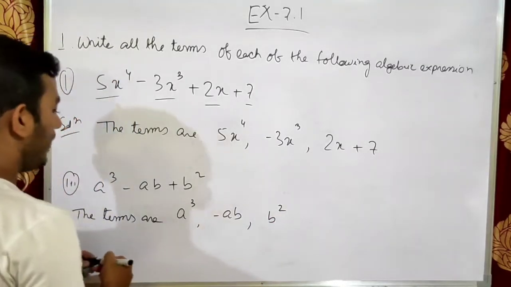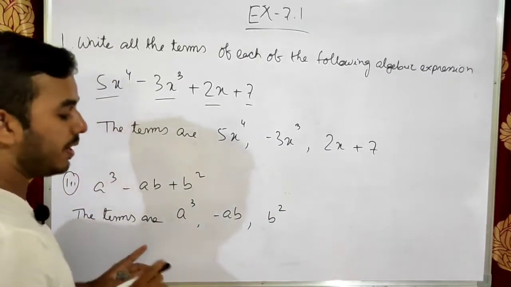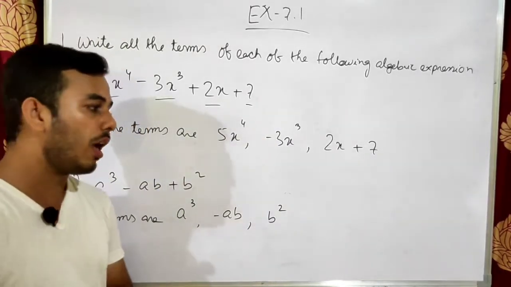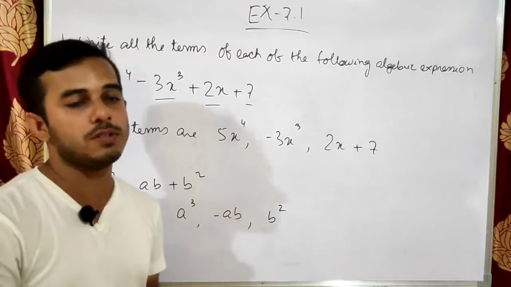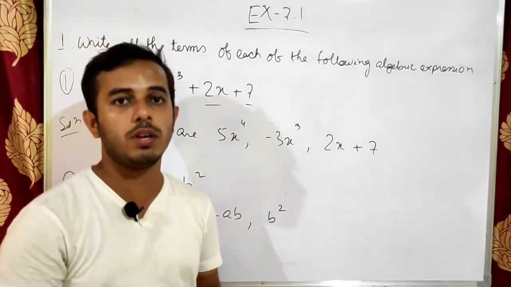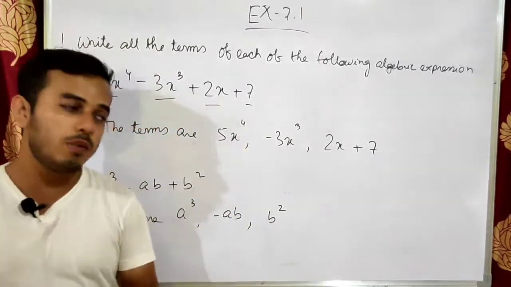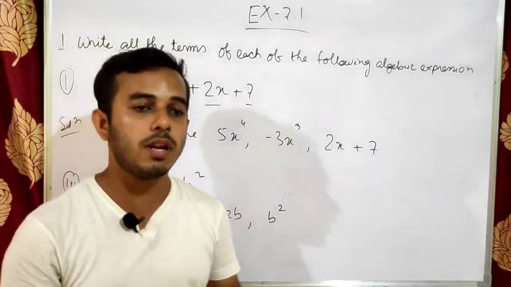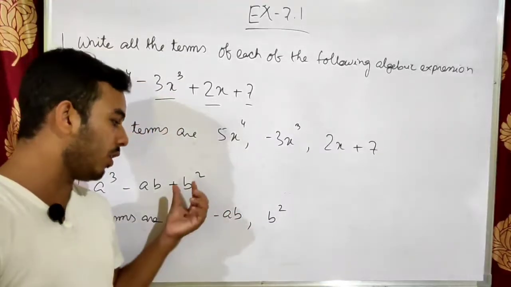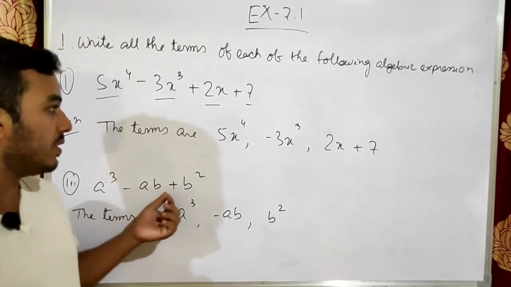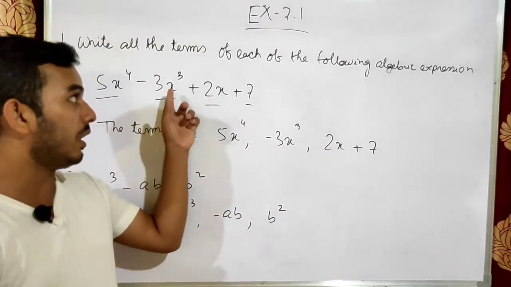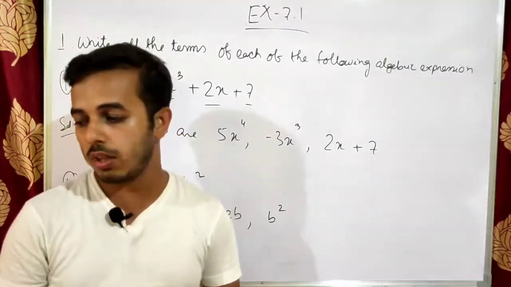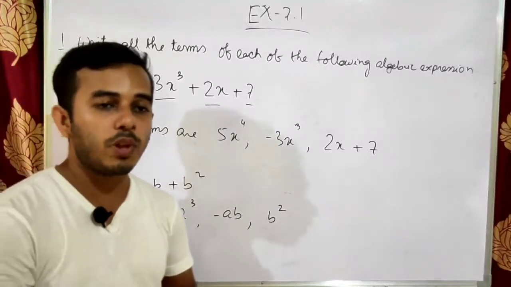If it has a minus sign, you have to write the minus sign, because the term is negative. And if it is plus, there is no need to write the plus, because without writing we can know it is positive. If we don't write anything, it seems that it is positive. Look, minus ab is negative, and here minus 3x cube is negative. If it is negative, we have to write that it is a negative term.